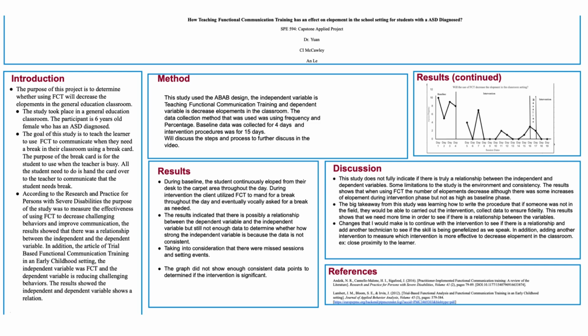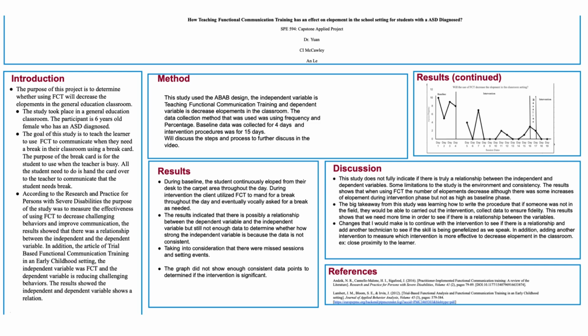During the intervention phase, the elopement did decrease to lower than in baseline, which is good, but not strong enough, because the data was not steady enough to say there is a strong relationship.